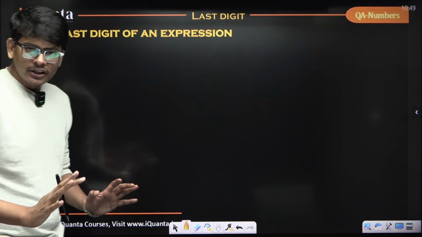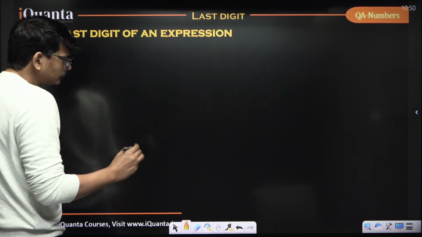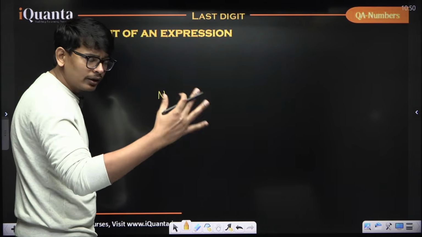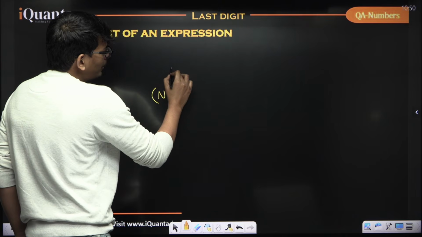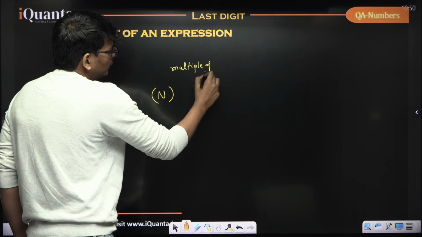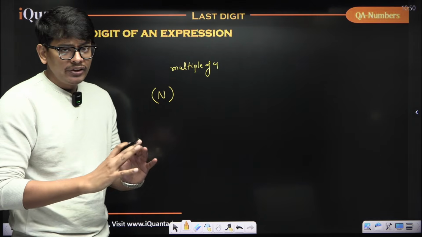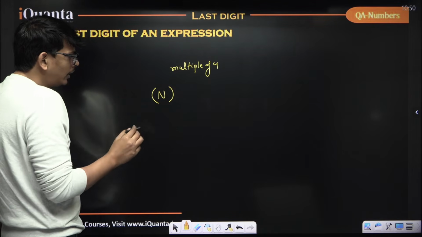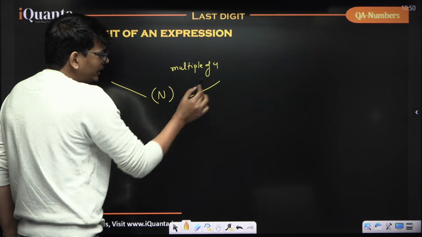तो सिंपल सा शॉर्टकट है गाइस, ध्यान से सुनिएगा. Any number, we do not know that number, and the power is a multiple of 4, right? Now there are two possibilities.